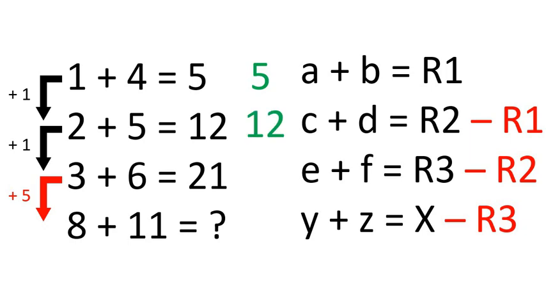3 plus 6 is 21. E plus F must be result 3 minus result 2. Well, 3 plus 6 is 9, and 21 minus 12 is 9 too. Therefore, 21 can be considered as correct. And then the pattern change happens. But exactly the same error as I did before.